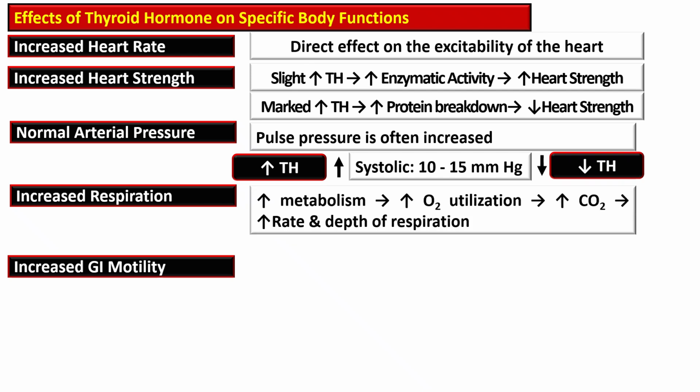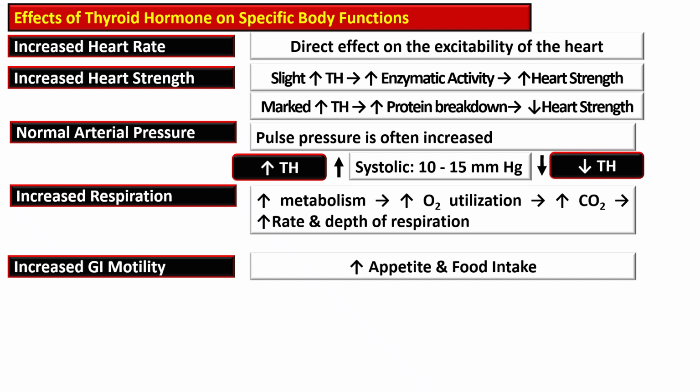Respiratory effects of the thyroid hormone are that, as we know, there is increased metabolism, so increased oxygen demand, and the carbon dioxide production is also increased. So the rate and depth of the respiration both are increased.